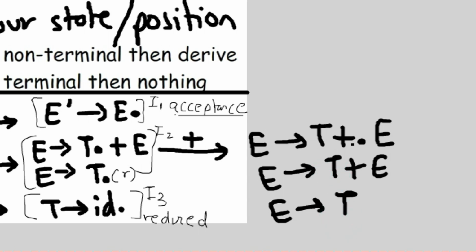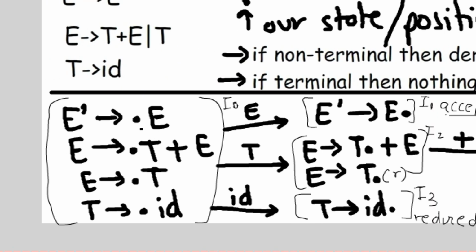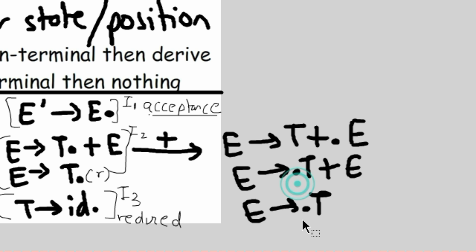You write it like this, and when you create a new derivation, you have to keep the dot in front, just as you did in the first step. There was a dot in front of E, so you created E tends to T plus E, this one, and E tends to T, this one, and then you added a dot in front of it. Similarly, you have to add a dot in front of it.